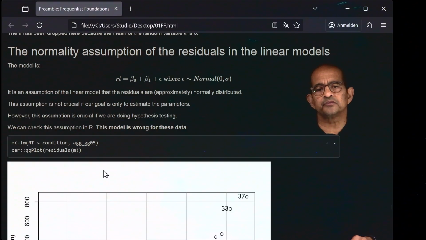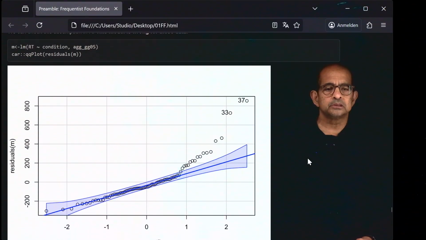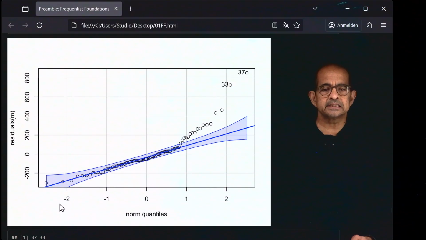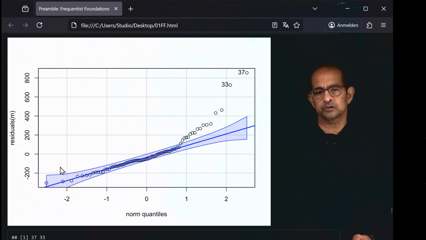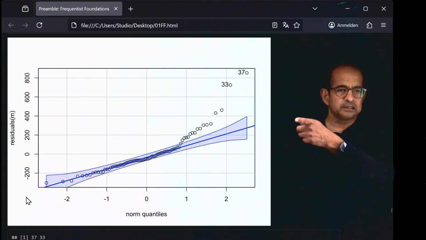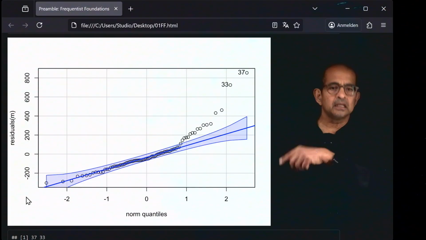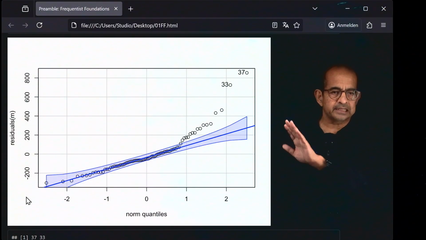So we can now fit a model on the raw reading time, extract the residuals from the linear model, and then plot the residuals graphically against the quantiles of the standard normal distribution. What I've got on the x-axis is the quantiles of the standard normal distribution, and on the y-axis I have the residuals from the incorrectly fitted linear model, the model that is incorrect, but nevertheless I'm ignoring the fact that it's incorrect.